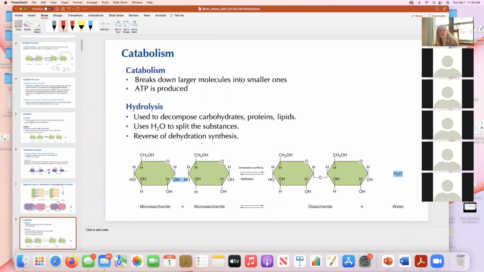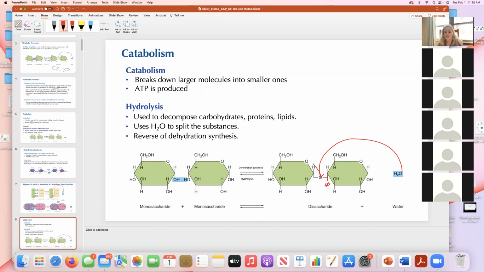It's the exact reverse of what we've been doing with the dehydration synthesis. So we use water, like I said, it's going to come in here. It's going to attack the bond, all right, from our disaccharide. And we're going to end up with putting hydrogens and oxygens on here.